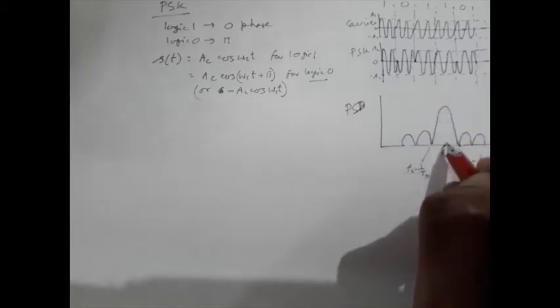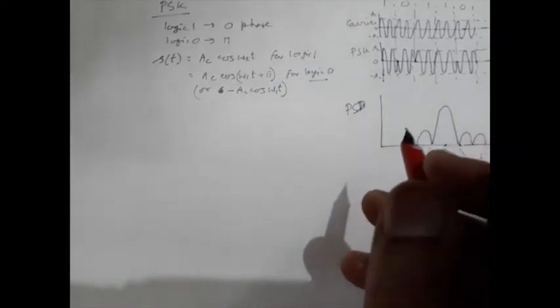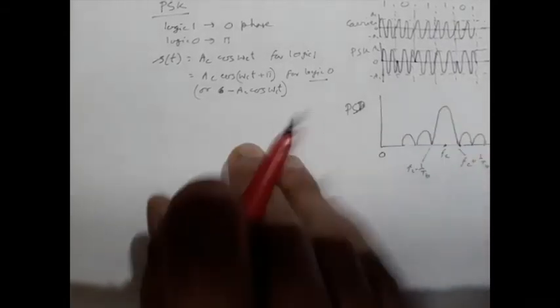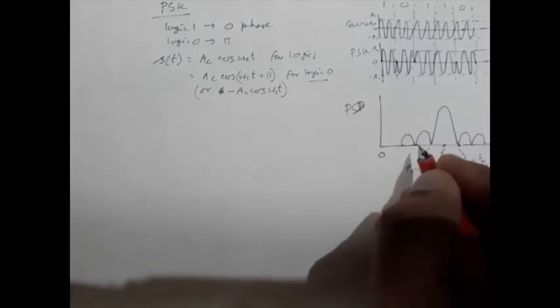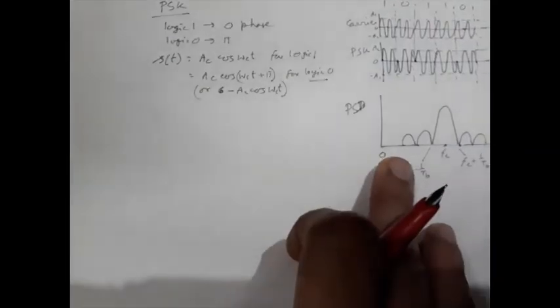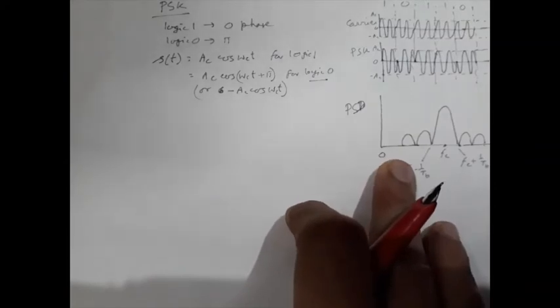But there is no spike here. That's the difference between ASK and PSK. Though the power spectral density appears to be almost identical, this is one-sided power spectral density. I have not drawn the other side. Though there is this similarity, there is some dissimilarity as well, because the noise performance of PSK is much better compared to that of the ASK.